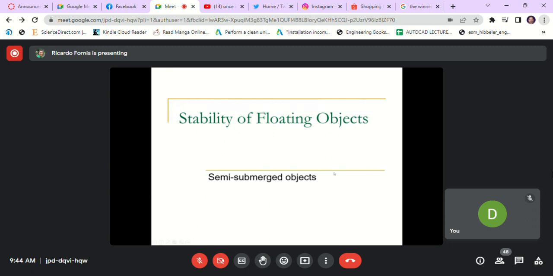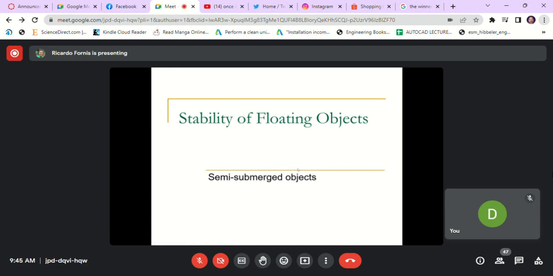Okay, so we'll just continue the topic that we stopped last time, and this time we will be focusing on stability of floating objects, and this is under the semi-submerged category. Again, we will be using the Archimedes principle.